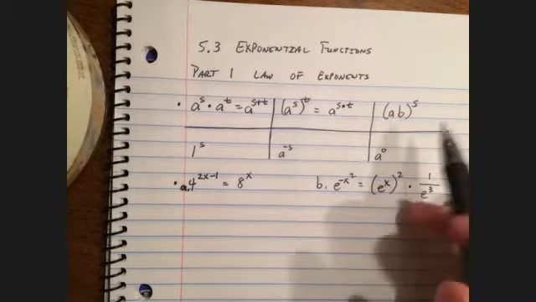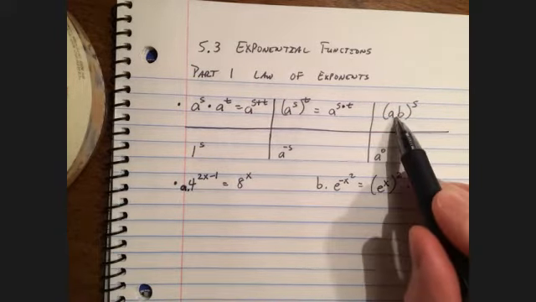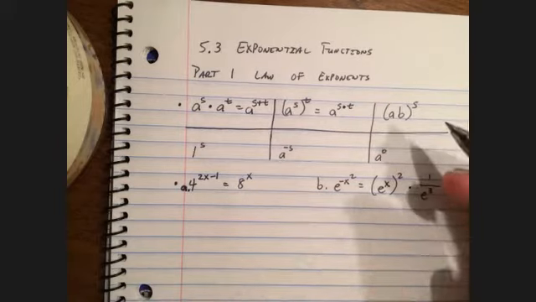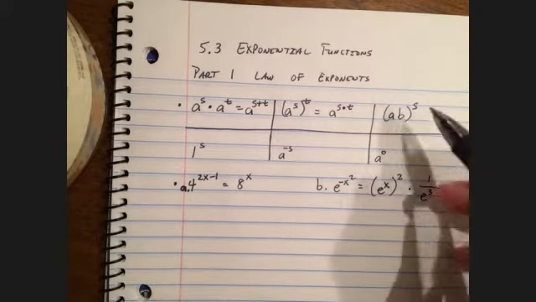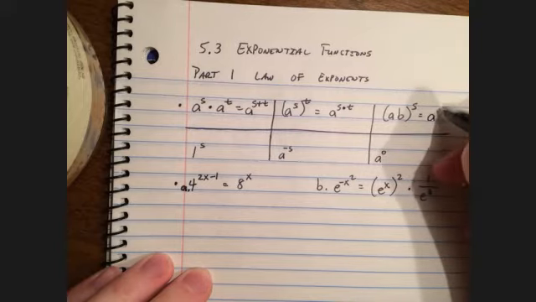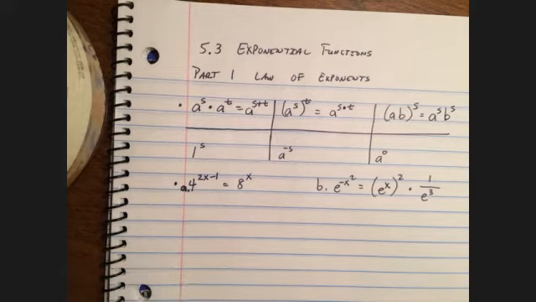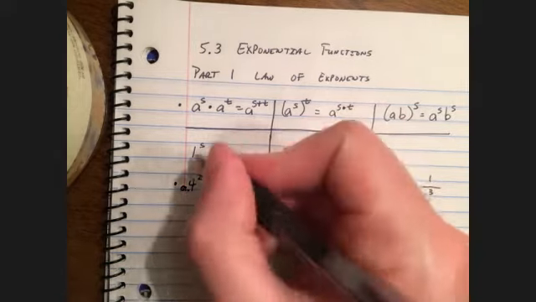If you have a and b multiplied or divided, but not addition or subtraction, that goes to distribution, expanding. This is just taking your exponent and you can put it on each piece in those parentheses. So the s can go on the a and it can go on the b. And then just some other quick ones.